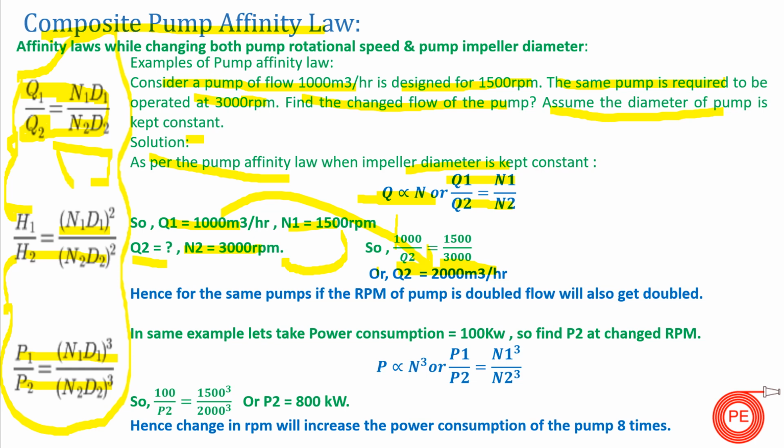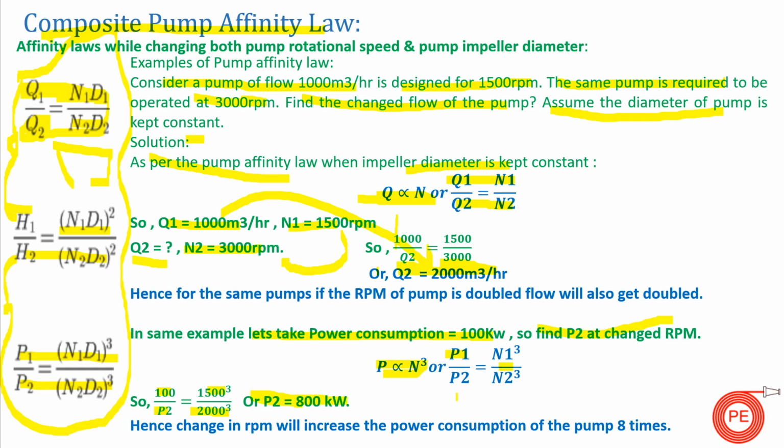So let's see what will happen for the power consumption. Let's take power consumption equal to 100 kilowatts. So P2 at the changed RPM. As already told, power is directly proportional to N cubed. P1 by P2 is equal to N1 cubed by N2 cubed. At 1500 RPM, my power consumption was 100 kilowatts. So what will be my power consumption at 3000 rpm? P2 will be 800 kilowatts.